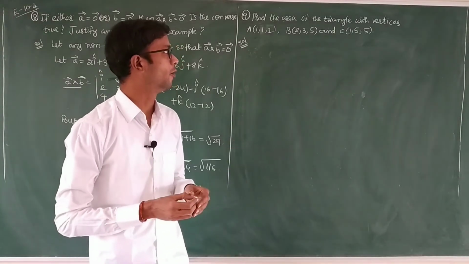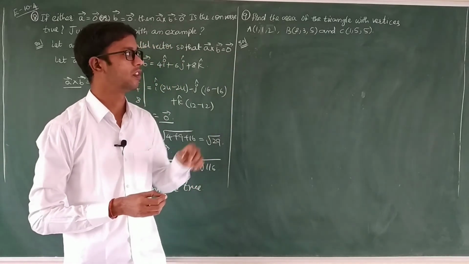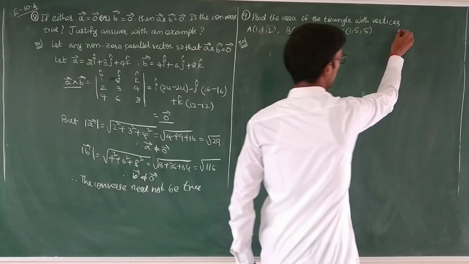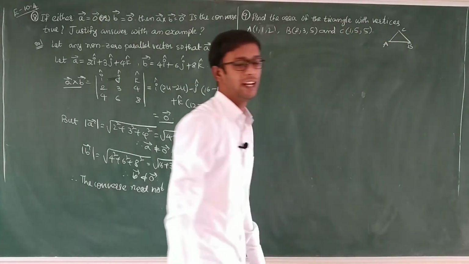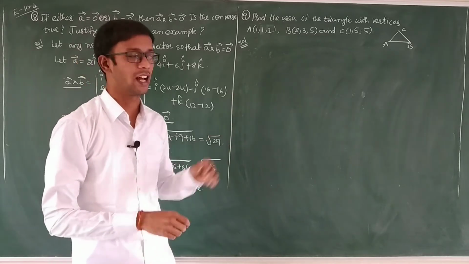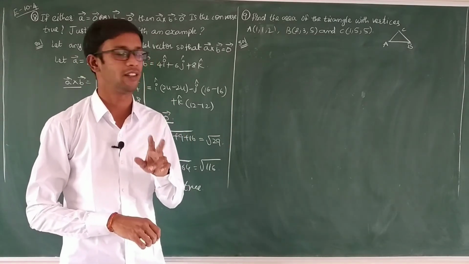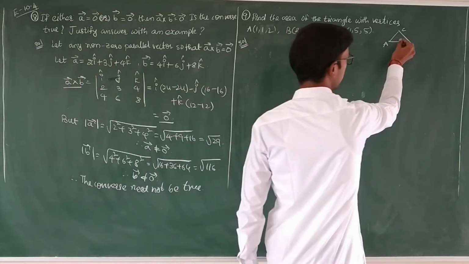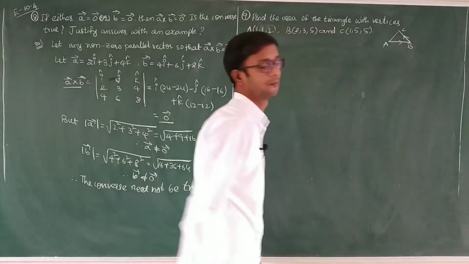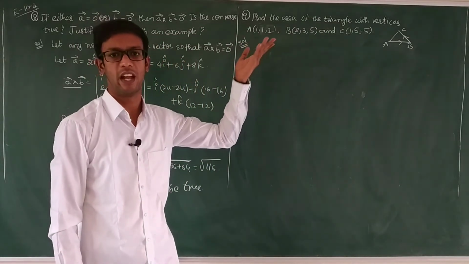Problem number 9. Find the area of the triangle with the given vertices. Three vertices are given. Area of a triangle using the vector concept: if you know two adjacent sides, you can find the area of the triangle. I am taking two adjacent sides, AB and BC. You can take AB, AC, BC, or CA, any one.